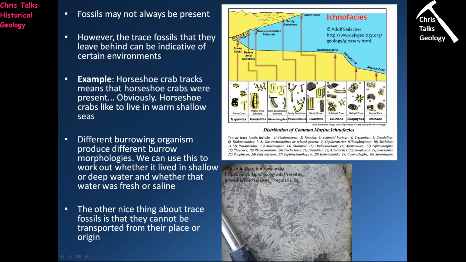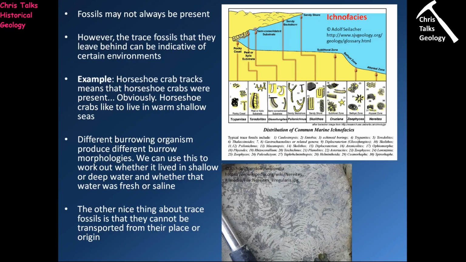However, the burrows it produced are still there, and so once we've identified the type of burrow, we can then go and find the correct Ichnofacies, so we know that this particular sediment represents an abyssal zone, so we're in the deep, deep ocean. And so, once again, even though we don't have the fossil itself, we can use the trace fossil to work out where we are using these Ichnofacies.